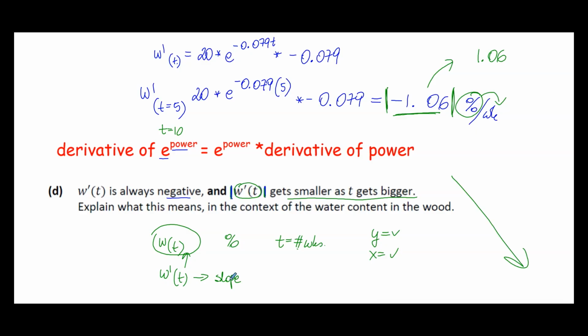So we can say that the slope of the function, the value of y, will be going down, so the percentage of the water in this case. However simple the words you use to explain, as long as you point out that the derivative means the slope, or the derivative means the rate of change, as long as you point to those things in your answer, you will get your marks.